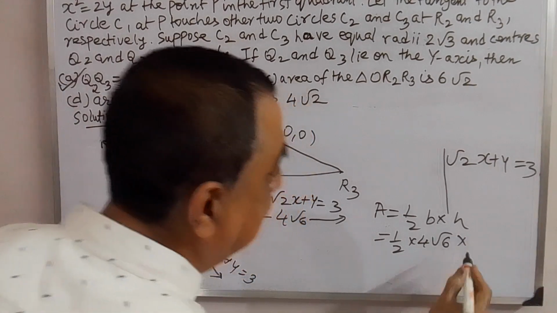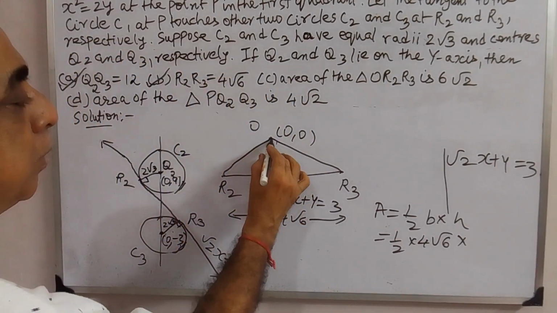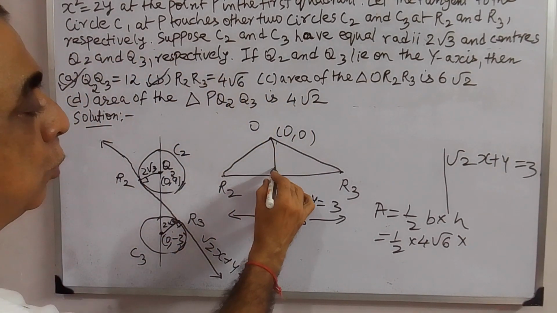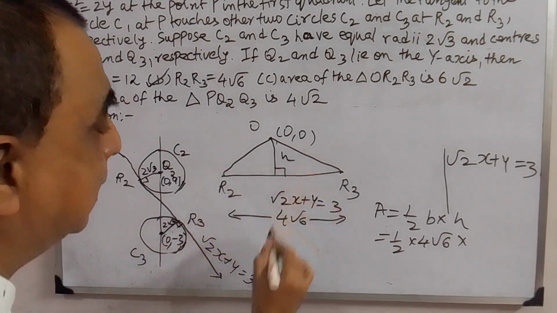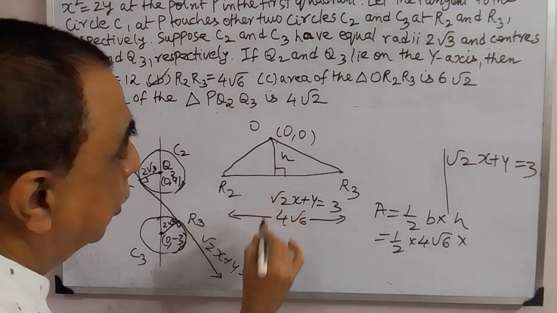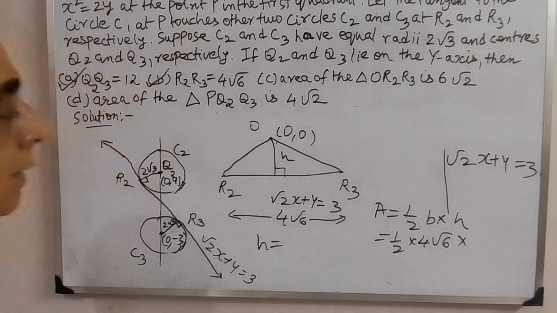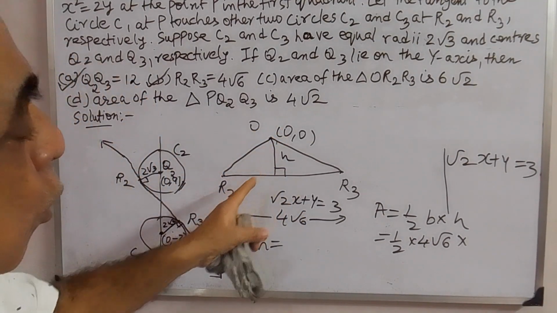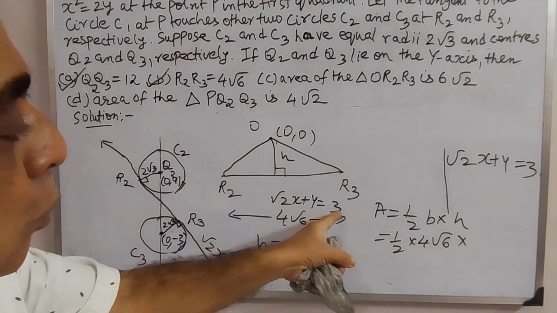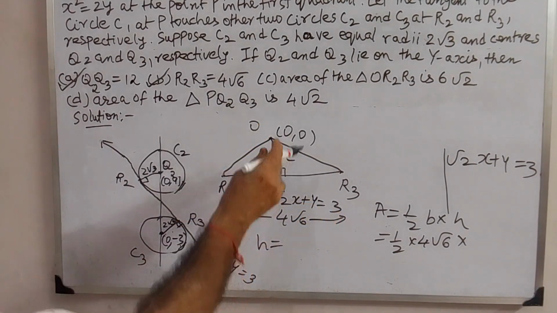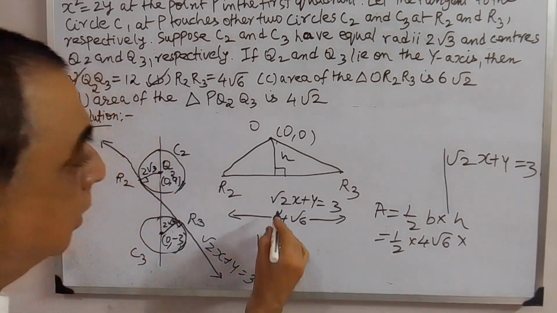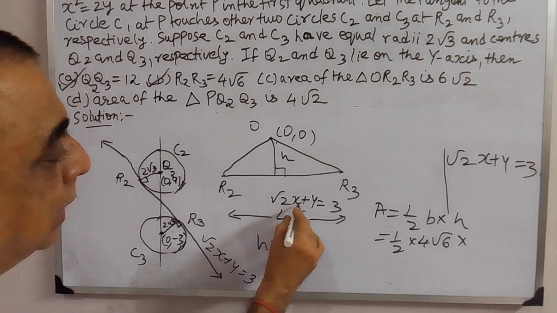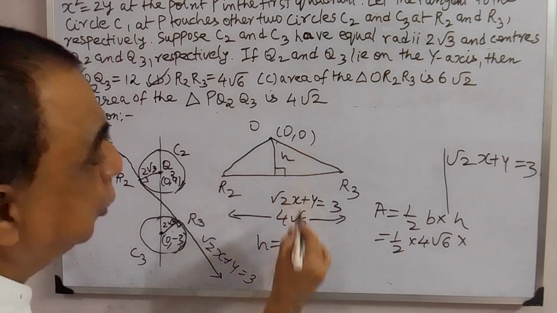And height is the perpendicular distance from O onto this line. How will we find the perpendicular distance? In the equation you put the x and y values as 0, 0.